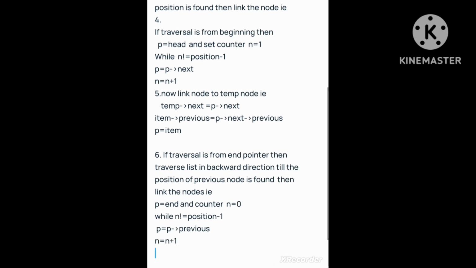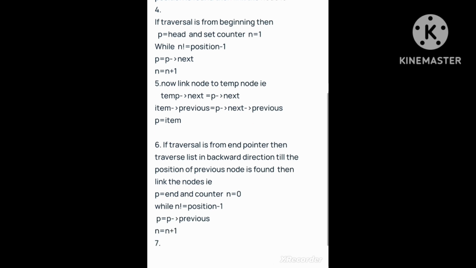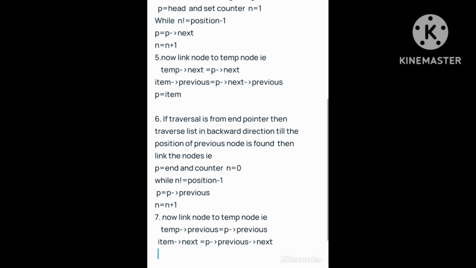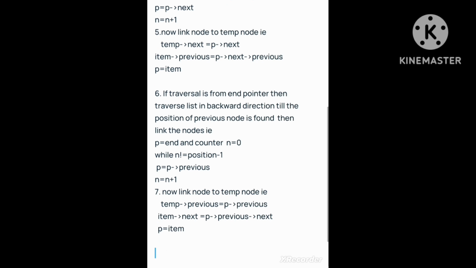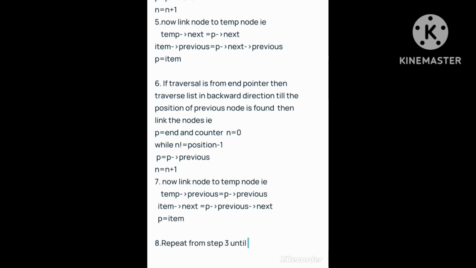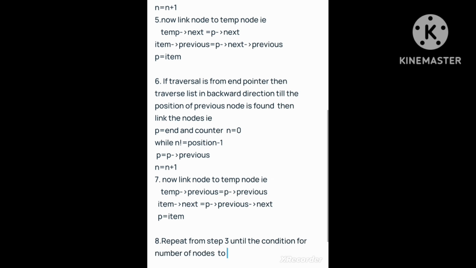In this way the nodes are inserted into the doubly linked list from both directions, that is from the forward and from the backward direction, until some terminating condition is satisfied. So in this way the insertion operation is performed on a doubly linked list.